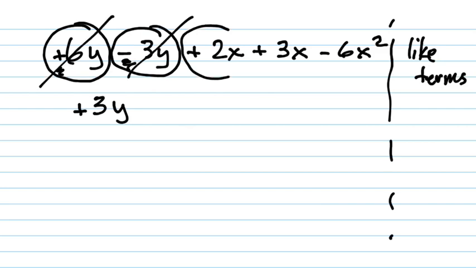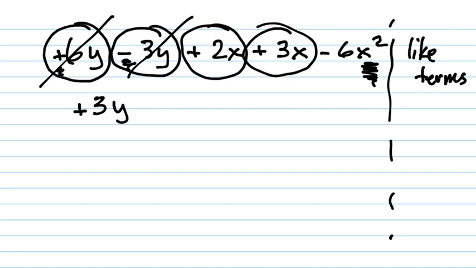What kind of term is this? Okay. Do I have any more x terms? How many more x terms do I have? 1. Because this is not an x term. This is an x to the second power, or an x squared term. So these two are like terms because they're both x terms.